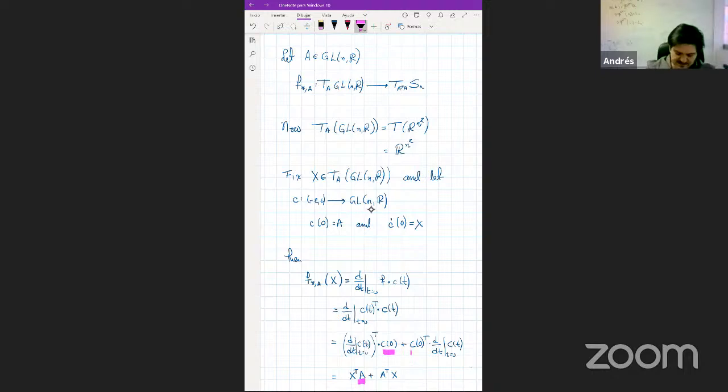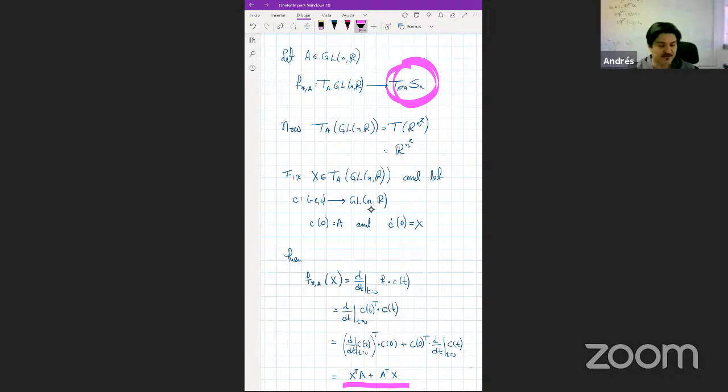Then this is the A transpose times X plus X transpose times A. Okay, so this is the derivative, or the differential, or push forward of X. We have a formula for this. And so whatever we have here, it is an element here, okay?